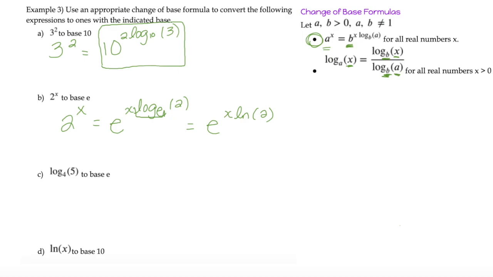This is then going to be the same as log base e, the base we want, of 5, so what's currently in our parentheses, over log base e, the base we want, of our current base. We can simplify as we know, since log base e is the same as the natural log.